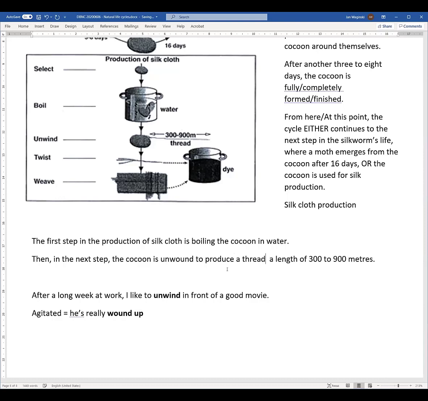To a length of 300 to 900 meters. So we don't need length anymore, because we put meters. It's super clear what's going on. Yes, and you have the word meters there, so we know we're talking about length. The cocoon is unwound to produce a thread of 300 to 900 meters. We've got passive voice here. Excellent.